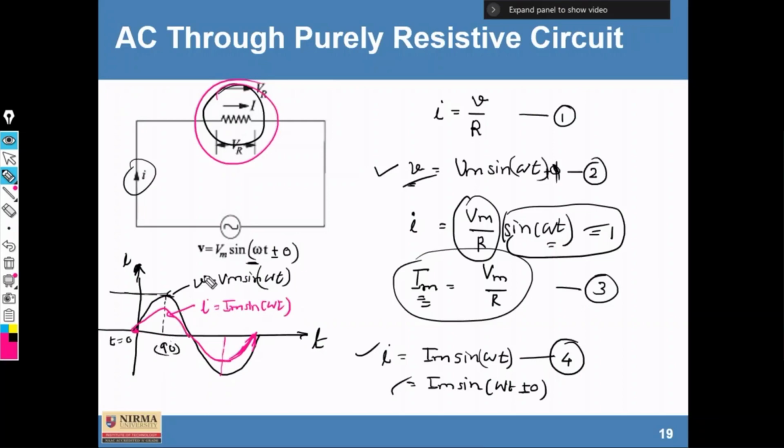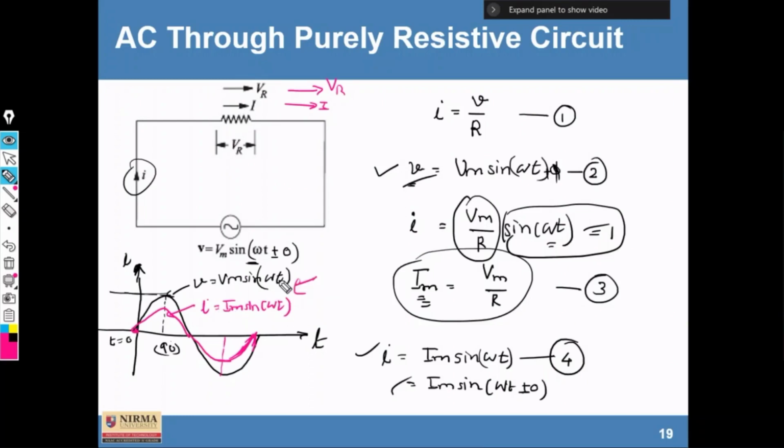And for that reason only, here on the top of the circuit, they show that VR and I, the vectors, are in the same direction, and the angle between these two is 0 with respect to the x-axis and y-axis. I already explained to you what is phase and phase difference.